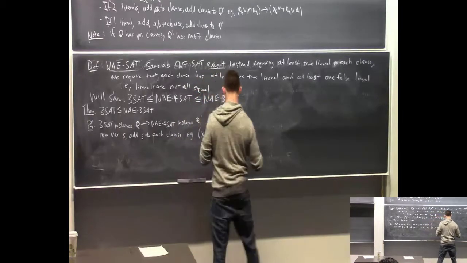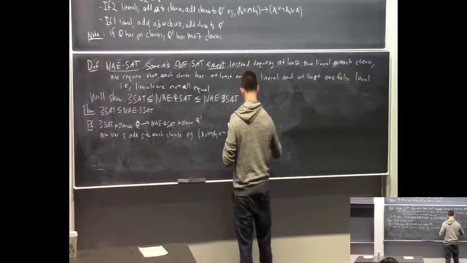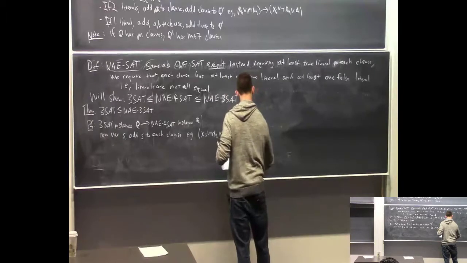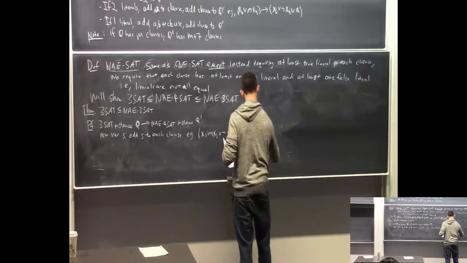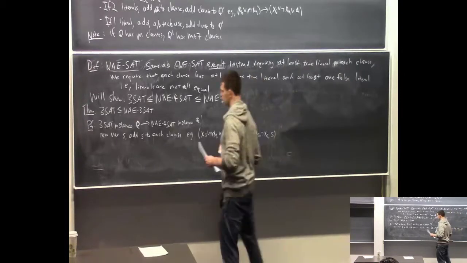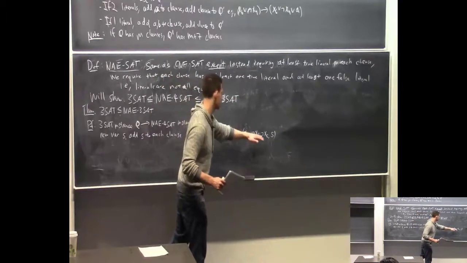Well, actually, sorry, it's NAE, so we'll just write clauses like this: x3, not x5, not x6, and s. That's our new NAE 4-SAT clause. So we take a 3-SAT clause, we convert it to an NAE 4-SAT clause of this form.